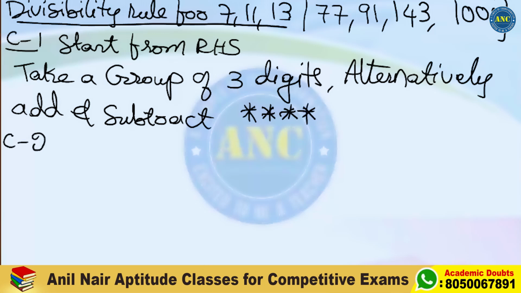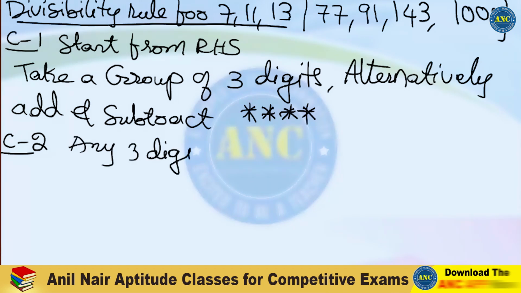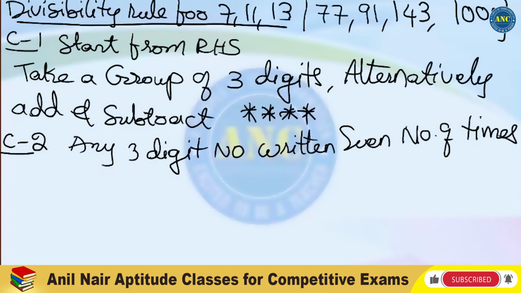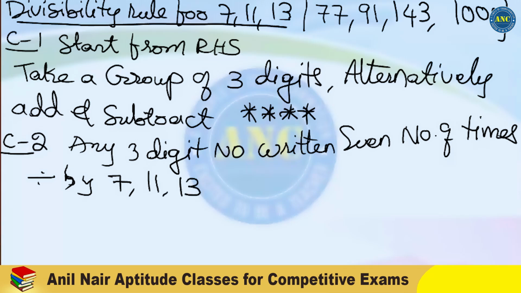Concept 2. Any 3-digit number written even number of times is always divisible by 7, 11, 13 and its combinations.